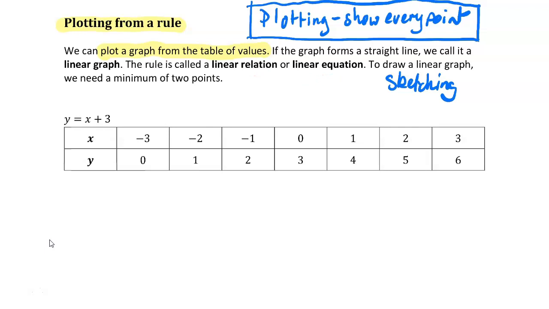You probably remember that from earlier in the year. So when we draw a linear graph, we need a minimum of 2 points. Okay, and usually if we're sketching, we'll just use 2 points. Plotting, we'd have to show every point. Now I'm just using our values that we got earlier. So y equals x plus 3.